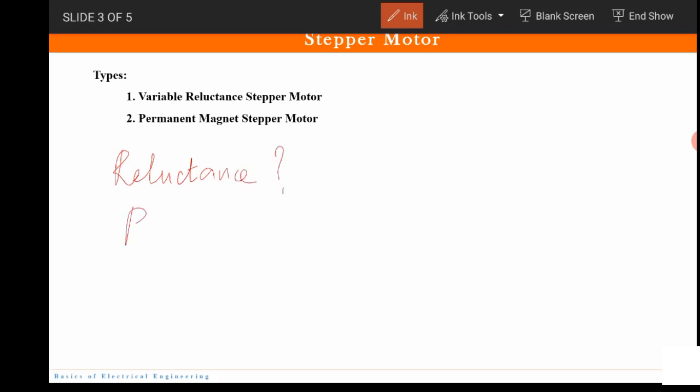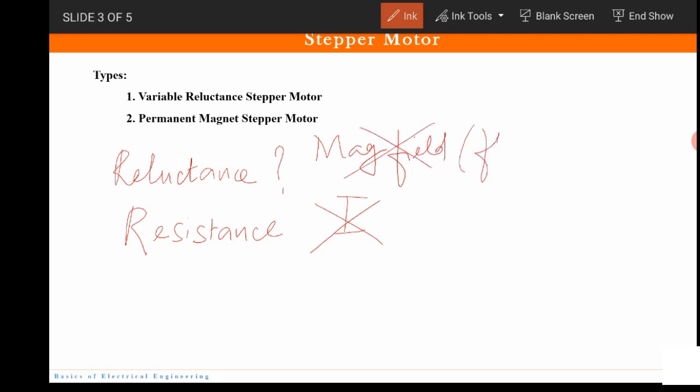Now we all are familiar with the word resistance, isn't it? Resistance opposes the current. So basically reluctance opposes the magnetic field or flux.